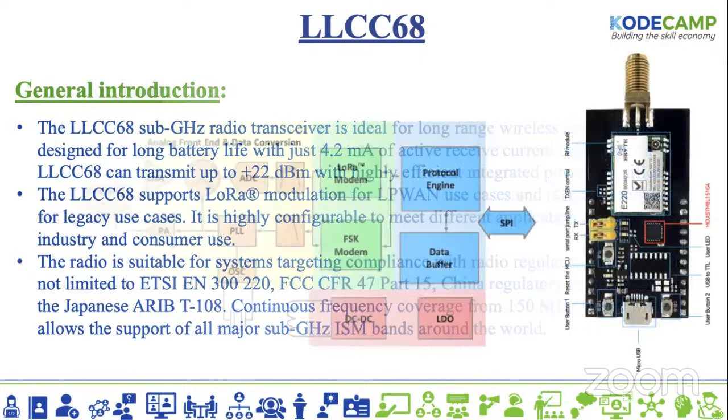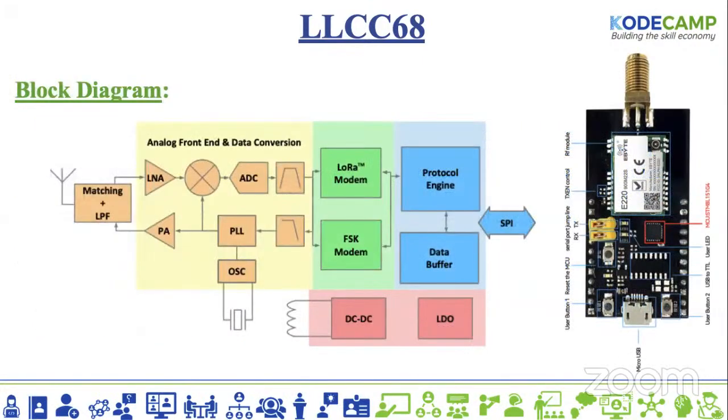This is the internal block diagram of this particular device. It has the DC to DC converter and a data buffer. It has the SPI, which is bidirectional, so it can receive by SPI and it can also send by SPI.